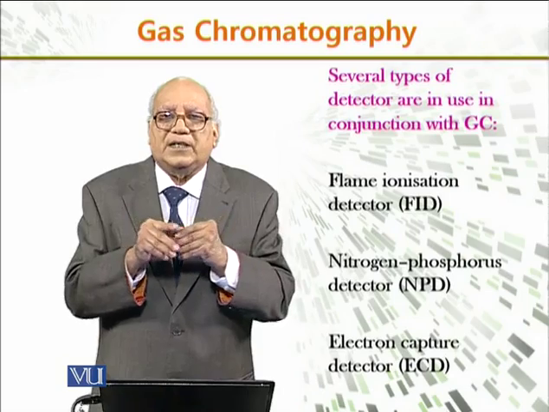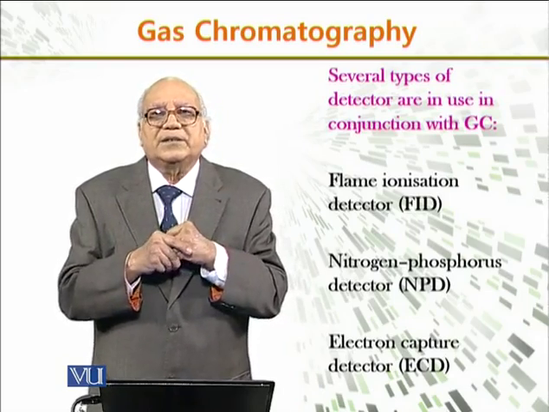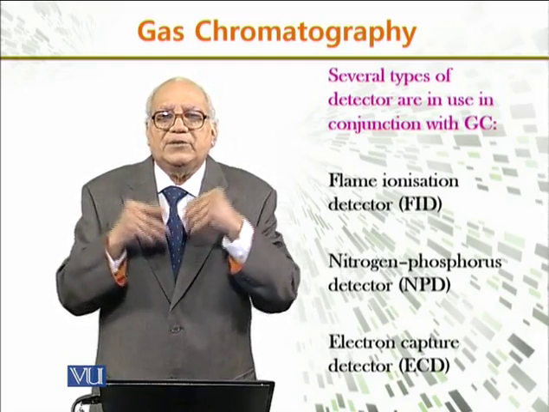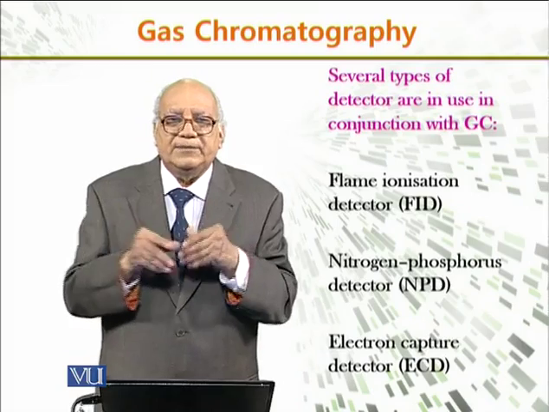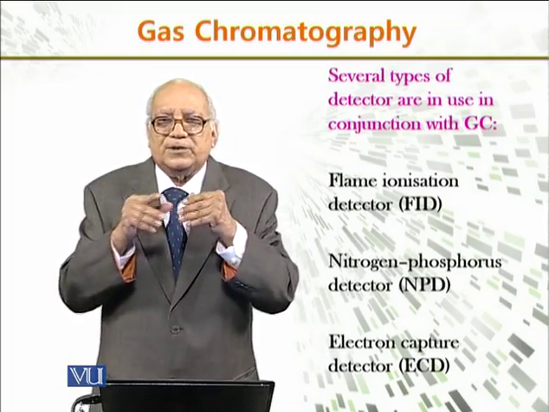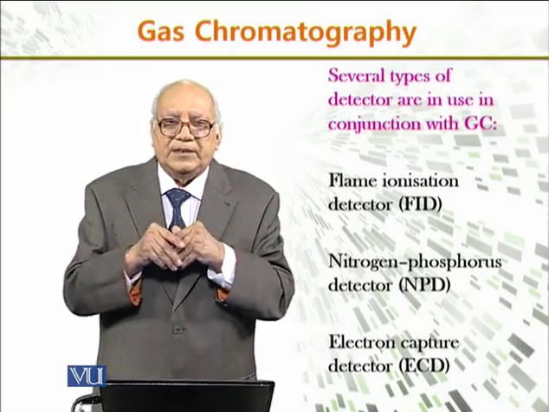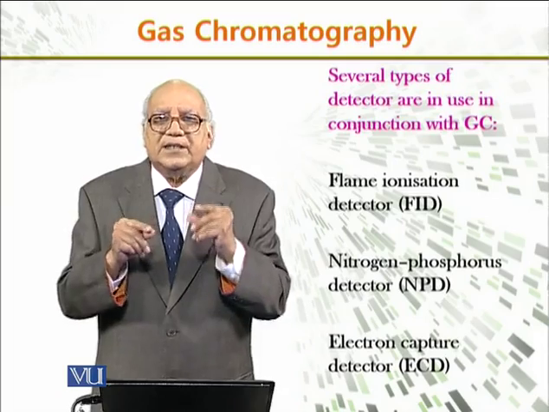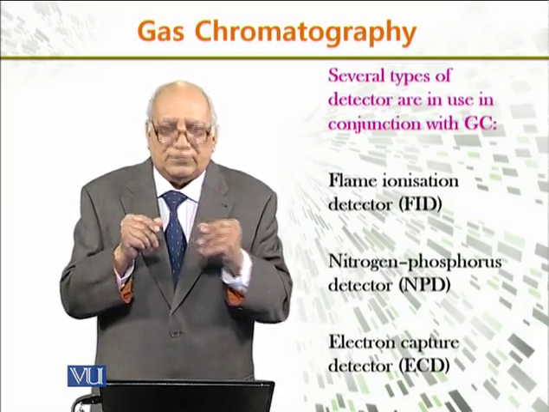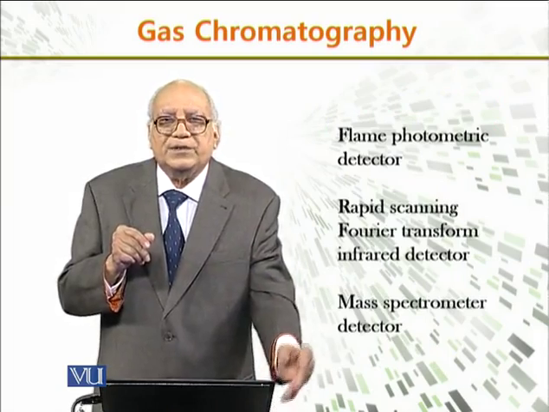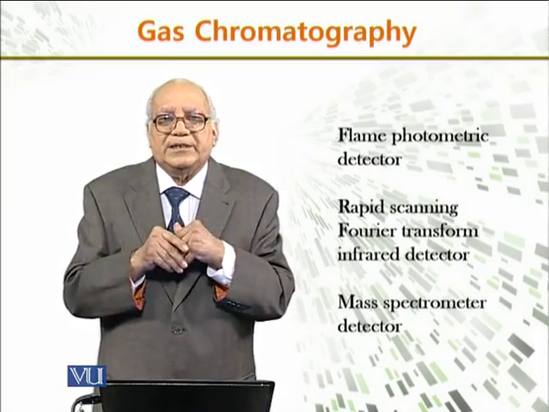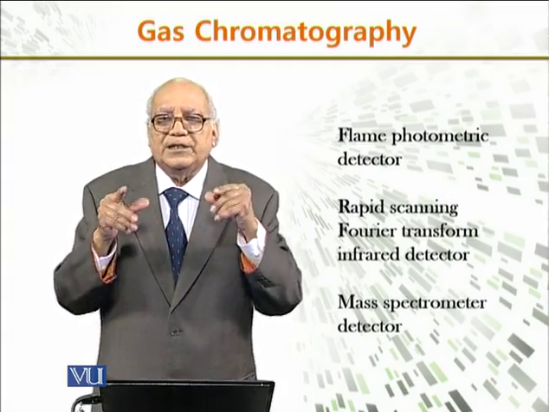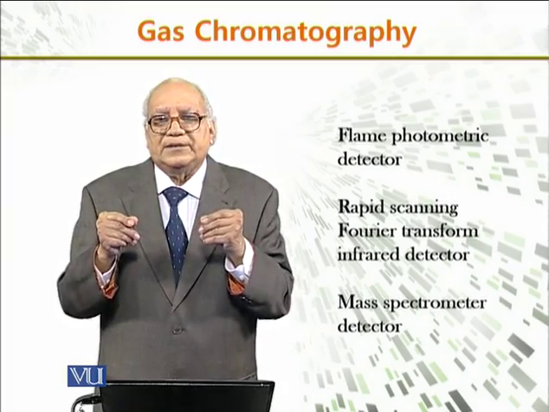Now, the detectors in use in conjunction with gas chromatography are the flame ionization detector, known as FID, the nitrogen phosphorus detector, NPD, and the electron capture detector, ECD. These are the main types of detector which are used. Then there are the flame photometric detector and the rapid scanning Fourier transform infrared detector.